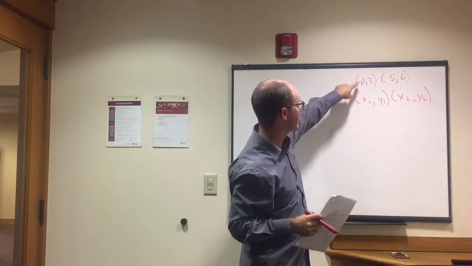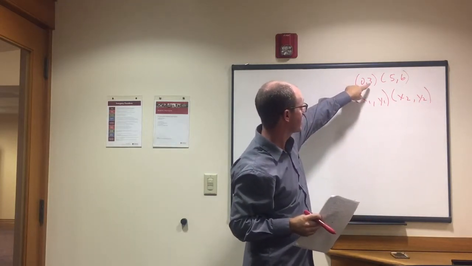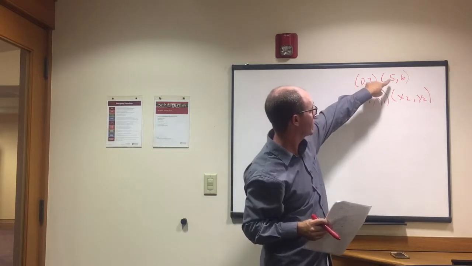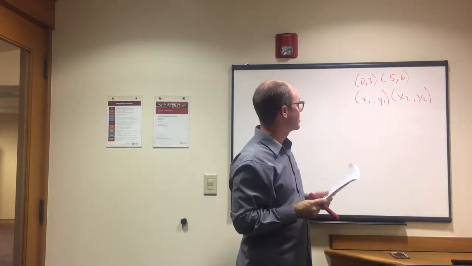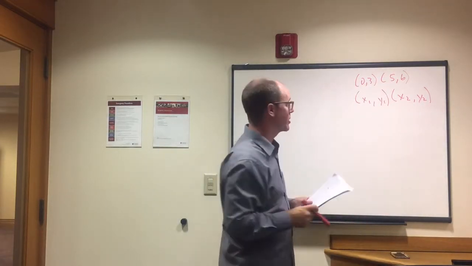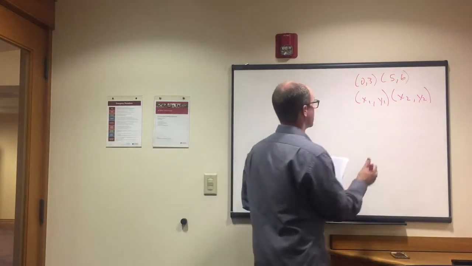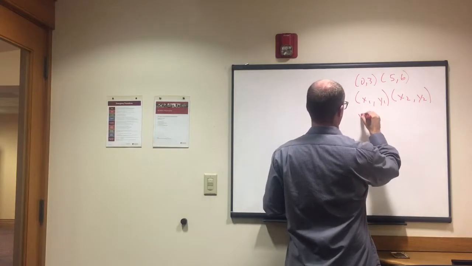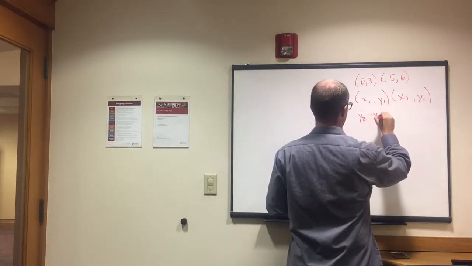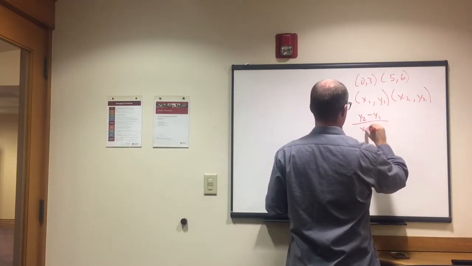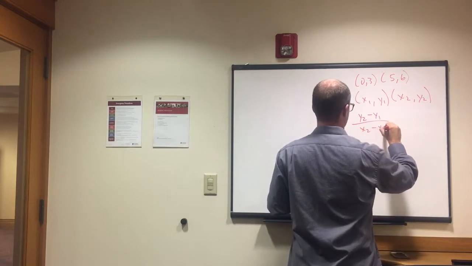Okay, so the 0 is x1, the 3 is y1, 5 is x2, 6 is y2. And then our formula, trying to find slope, that's what this will be asking you for, is y2 minus y1 divided by x2 minus x1.